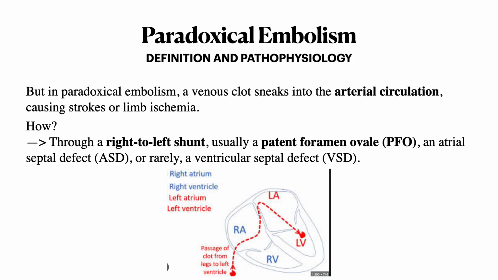In the normal case, the clot passes from the right atrium to the right ventricle, then to the lungs, and there becomes a pulmonary embolism, right? But in this case, the clot passes from the right atrium to the left atrium via the patent foramen ovale (PFO) or ASD, from the left atrium to the left ventricle, and from the left ventricle to the systemic arterial circulation. That is how it causes paradoxical embolism.